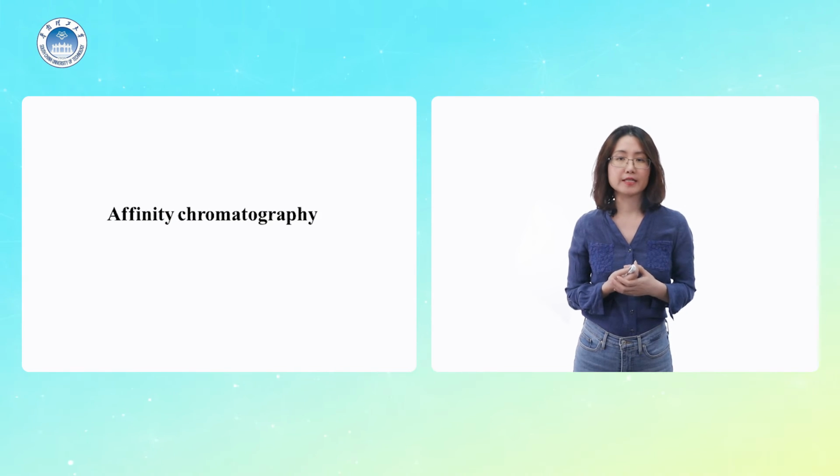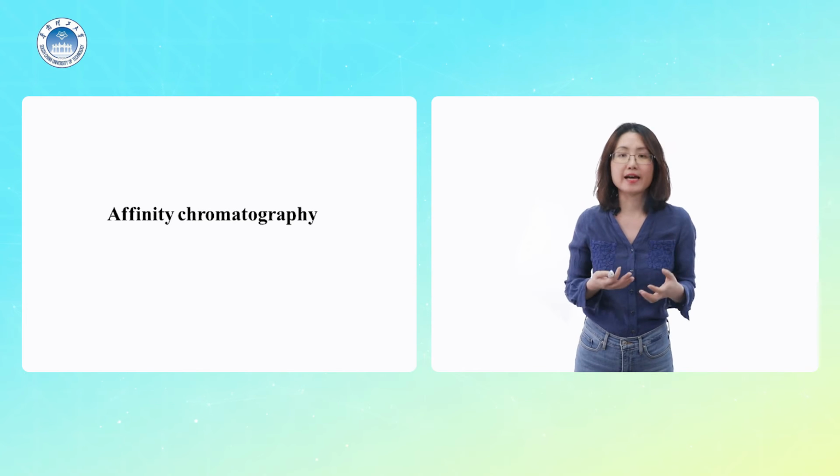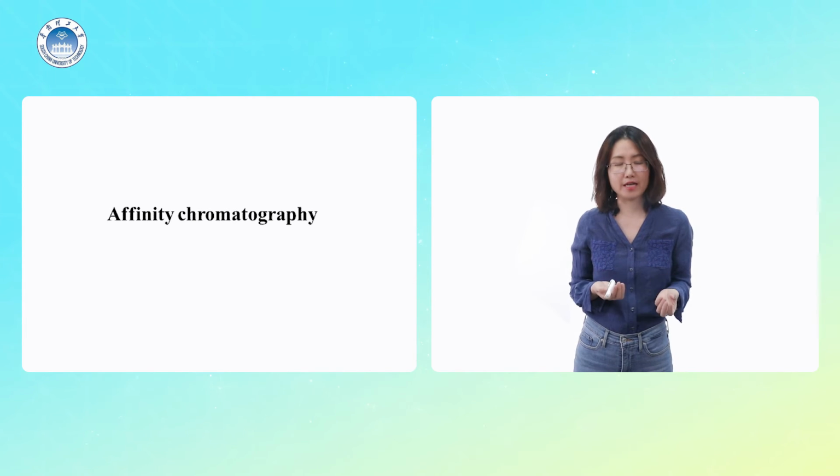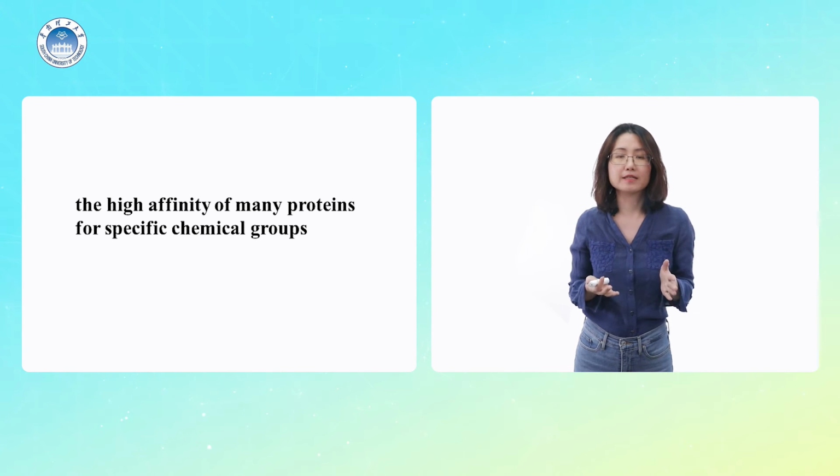Affinity chromatography is another powerful means of purifying proteins that is highly selective for the protein of interest. This technique takes advantage of the high affinity of many proteins for specific chemical groups.